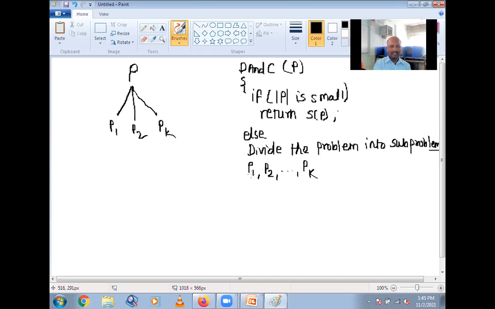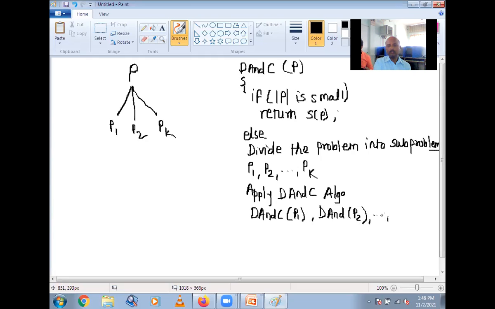Then again apply the divide and conquer algorithm to these sub problems, that is divide and conquer of P1, divide and conquer of P2, divide and conquer of P3, divide and conquer of Pk.